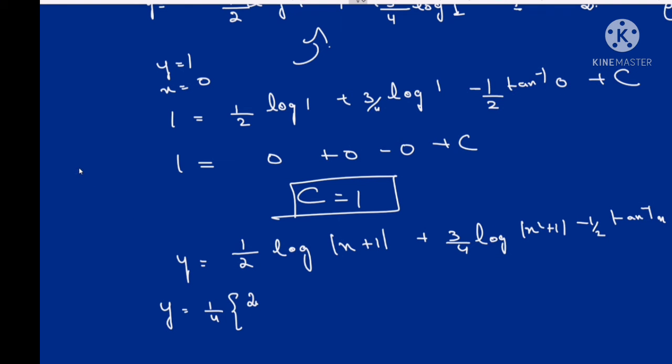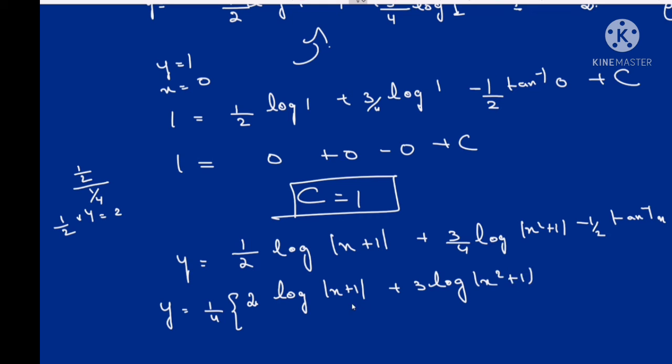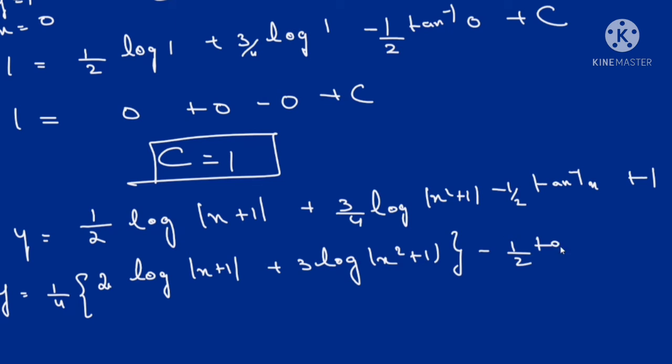If you take out 1 by 4, what do you get? 1 by 2 divided by 1 by 4 gives 2. So 2 log of x plus 1, plus 3 log of x square plus 1, minus 1 by 2 tan inverse x, plus 1.